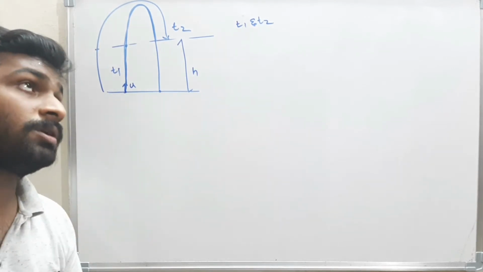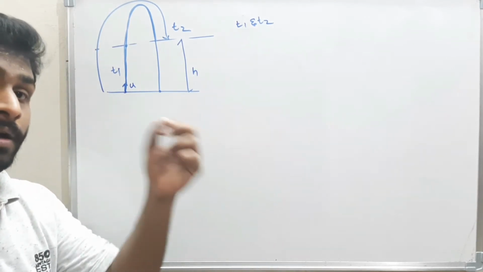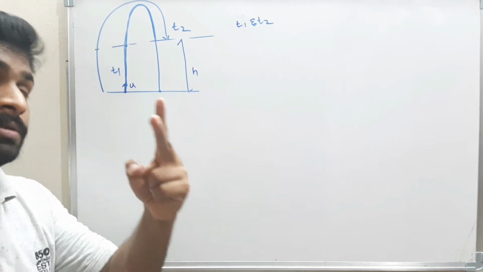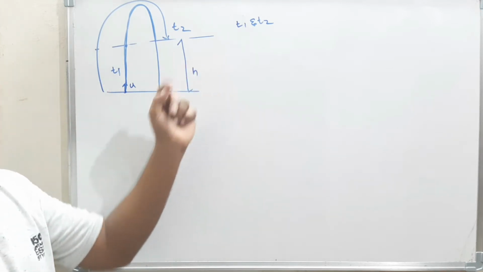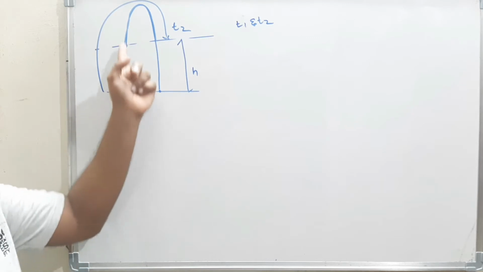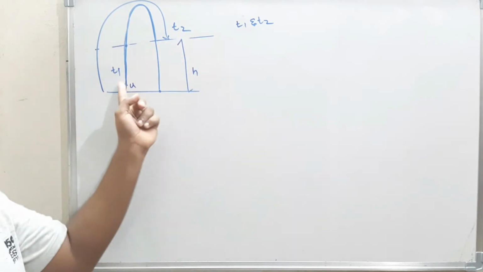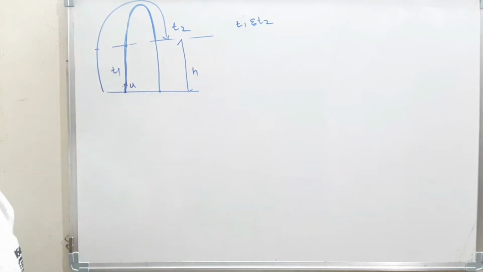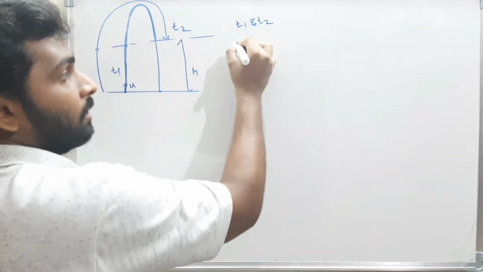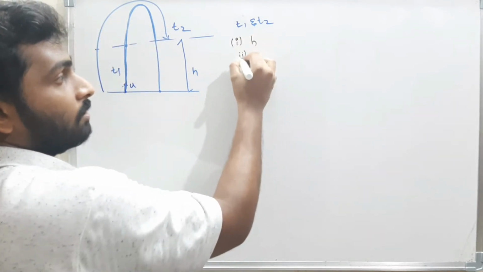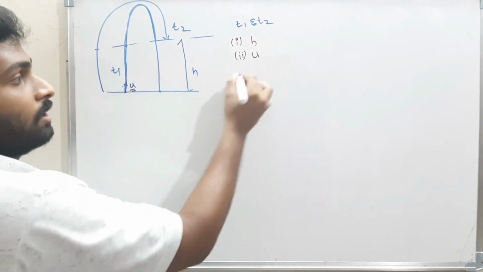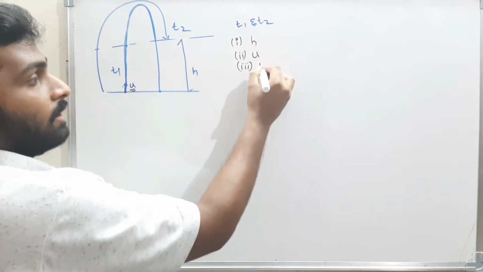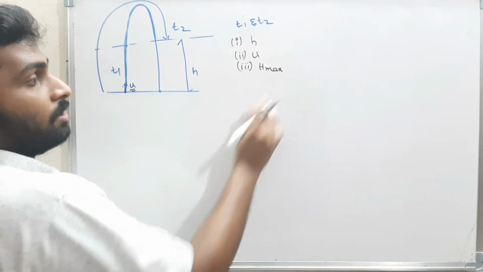The body is projected upward with a velocity u, and at two times the body will be at a height h. The first time, t1, is when the body is going up, and the second time, t2, is when the body has gone up and is coming back. Now they told us to find h, to find the initial velocity of the body, and to find the maximum height achieved by the body.